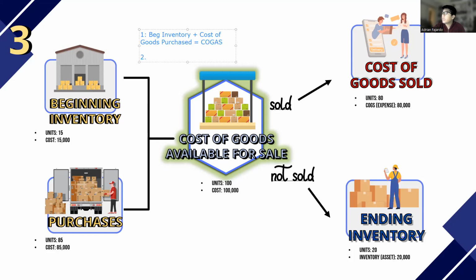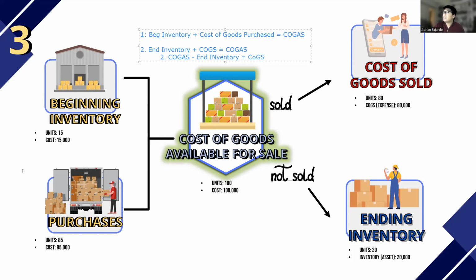Number 2 is ending inventory plus COGS is equal to COGAS. So inputs, beginning plus cost of goods purchased is equal to COGAS. Outputs, ending inventory plus COGS is equal to COGAS. So dito, na-derive yung equation na COGAS minus ending inventory equals COGS. Because shuffle lang to. Right?